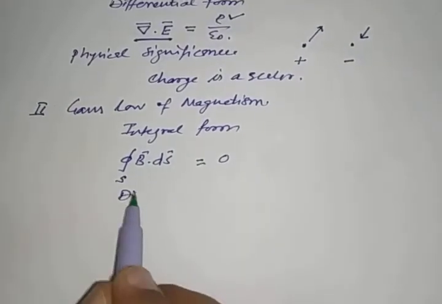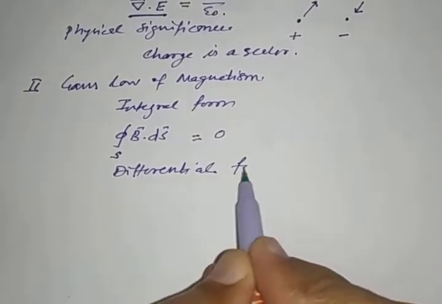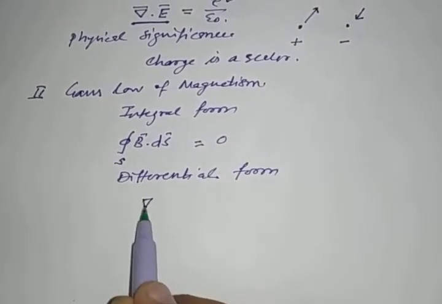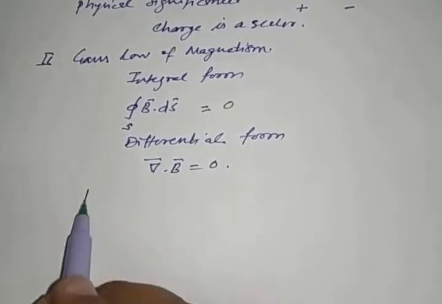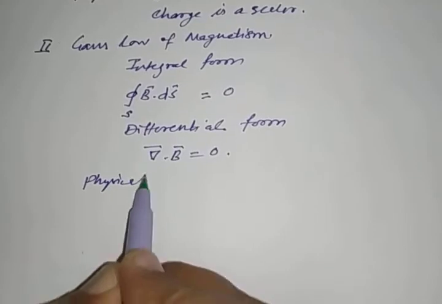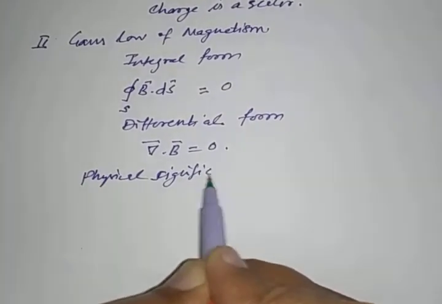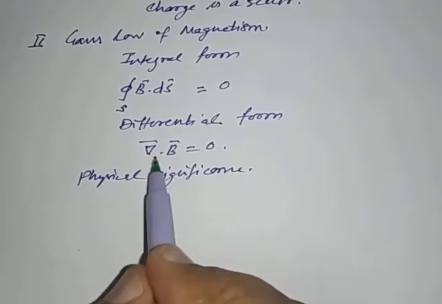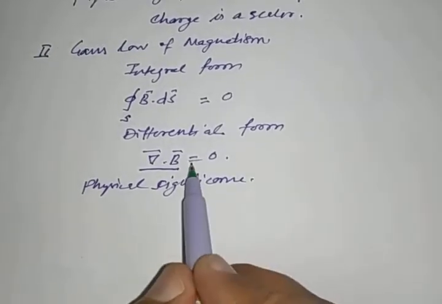And the differential form of this comes out to be del dot B is equal to 0. Now coming to the physical significance of this equation, we can see the divergence of the magnetic field is 0.